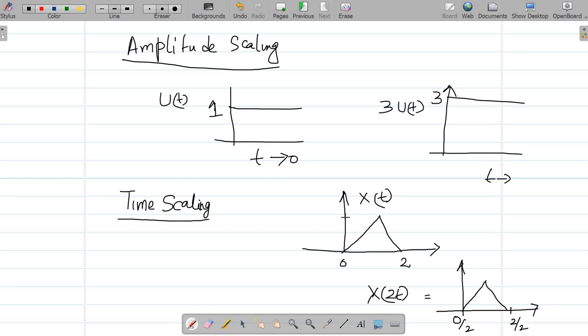Suppose the amplitude here was 1, we don't have to do anything with the amplitude, it will continue to remain the same. This is not amplitude scaling. So this will continue to remain at 1, but each of the values along the time axis will have to be divided by 2. So if it is divided by 2, we end up getting 0 here and 1 here.